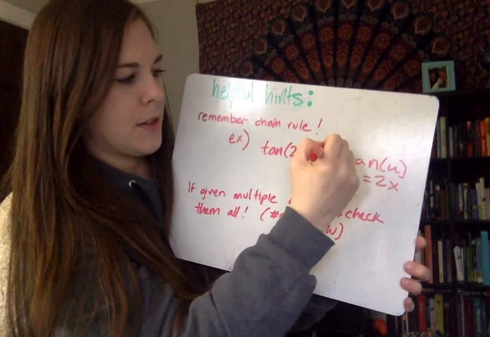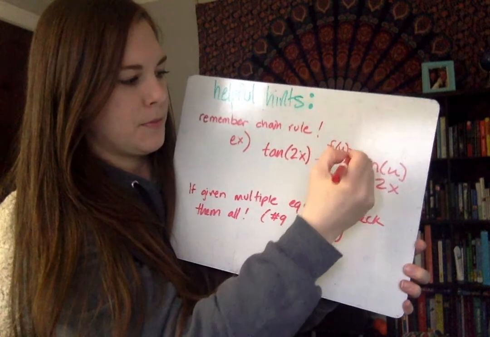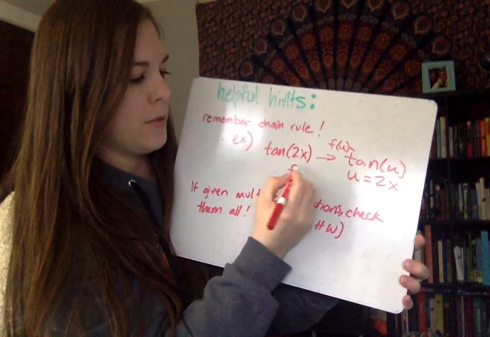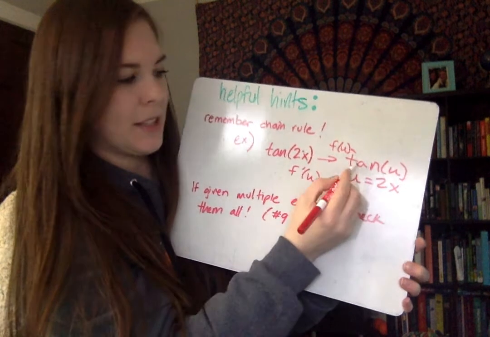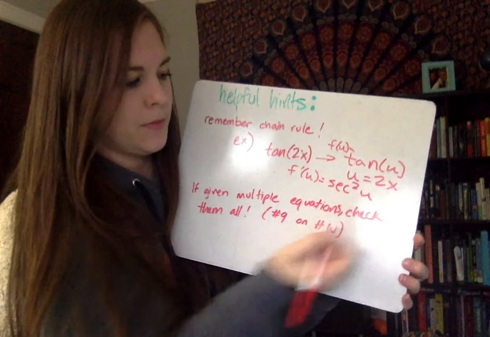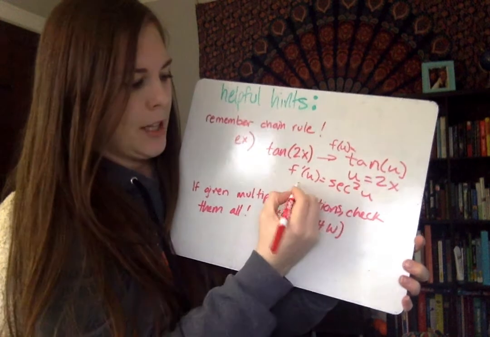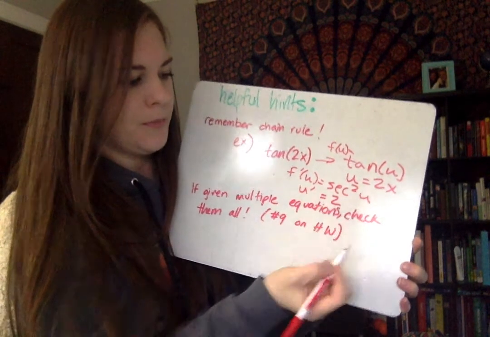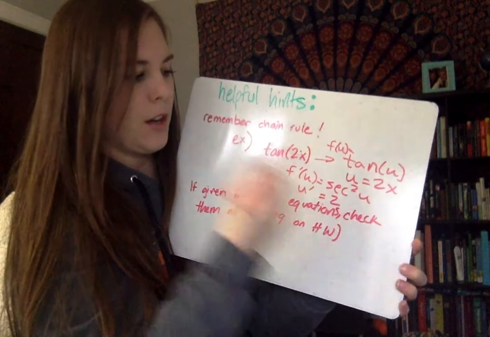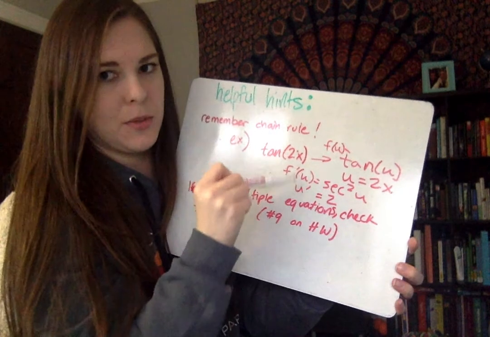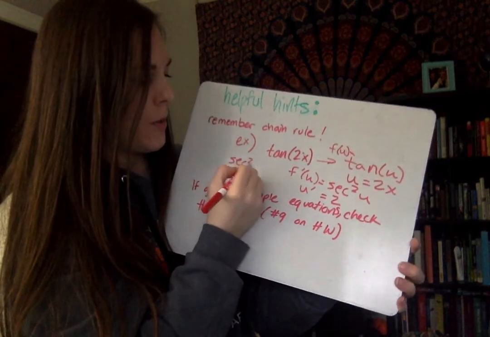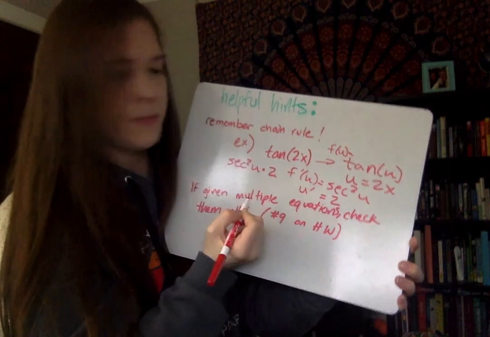So this is our f of u. So our f prime of u would be, and that's just the derivative of tangent, secant squared u. And our u prime would be 2. So our derivative of this, we're going to multiply these two together, and I'm going to get, sorry, I'm running out of room, secant squared u times 2.